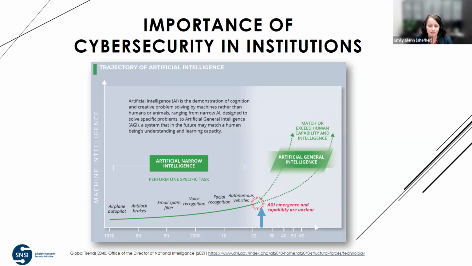For libraries, that might look like how we're approaching information literacy around deep fakes, how things have changed with how we're talking about information seeking behaviors, how we recommend items to users, just a range of things. And as everyone who uses a chart like this, we would say we are here with the arrow or the circle, or we're approaching here. And there's this point where technology surpasses human capability and intelligence.